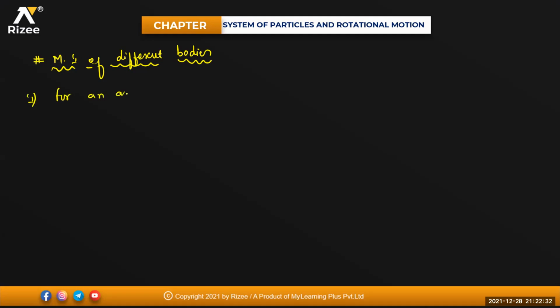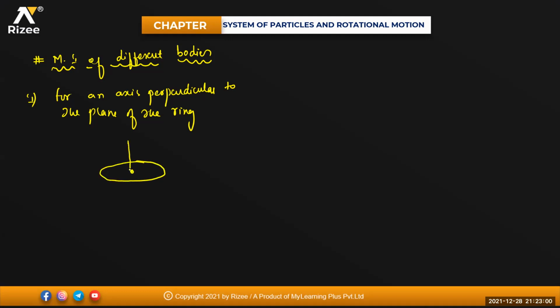For an axis perpendicular to the plane of the ring, this one is your ring. This is your axis passing through the center and perpendicular to the plane. This is your radius. Moment of inertia about the center of mass will be equal to m into r square for the ring.